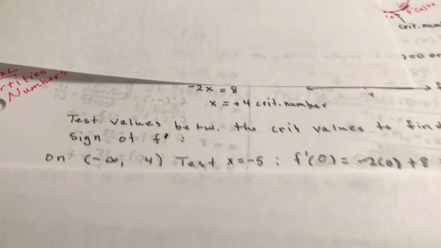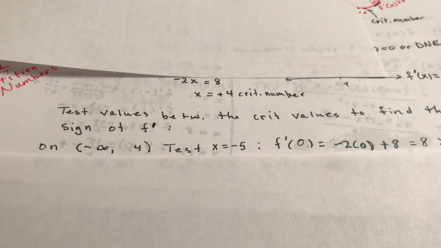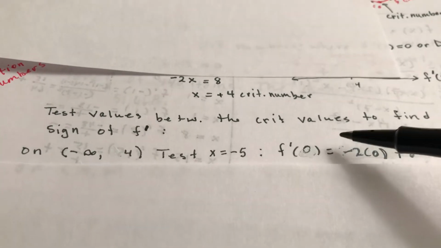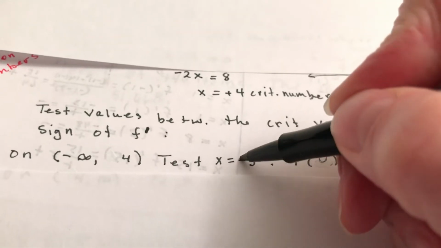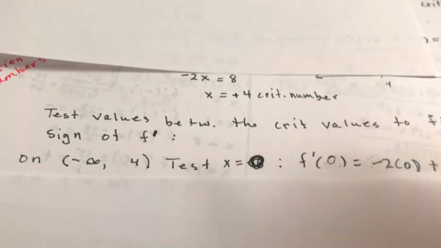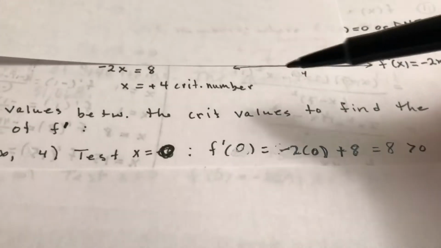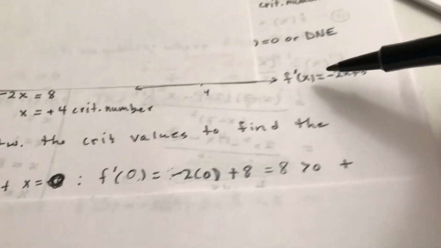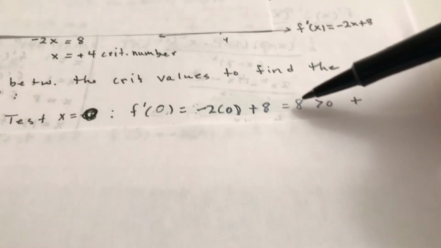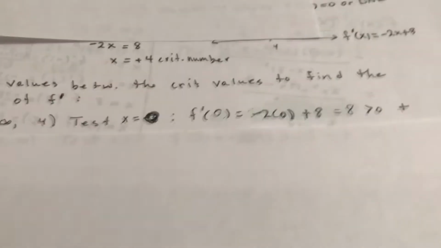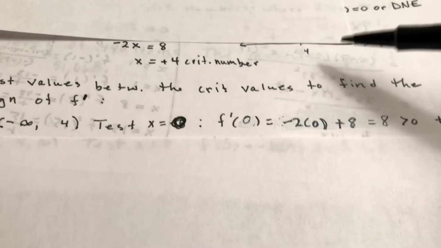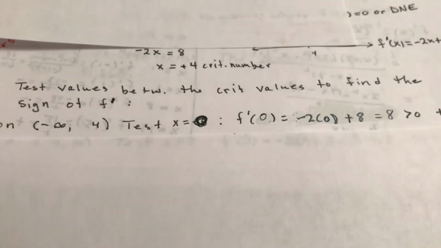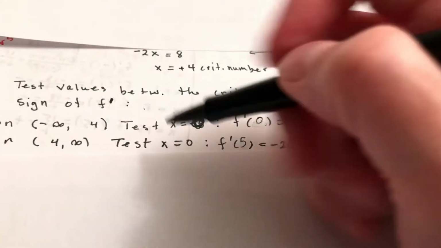So I took a value to the left of 4, and I am choosing x equals 0, even though it says something else there. That's to the left of 4, right? I'm going to pick a 0. And f prime of 0, I plug that in here, and I got 8, which is positive. Then I'm going to try a value after the 4. Something on this interval. You got a lot to pick from. I just picked 5. I forgot to fix these.